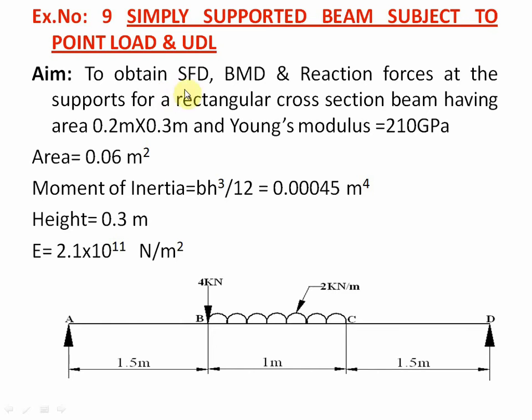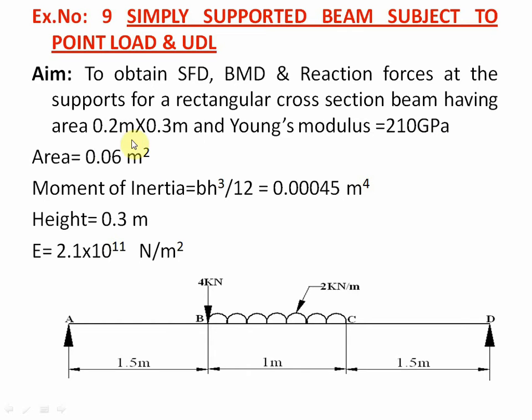The aim is to obtain the shear force diagram SFD, bending moment diagram BMD, and reaction forces at the supports for a rectangular cross section beam having dimensions 0.2 meter by 0.3 meter and Young's modulus 210 gigapascal.